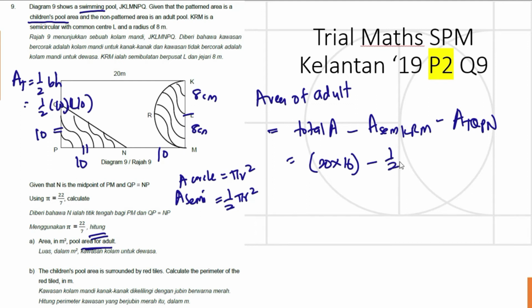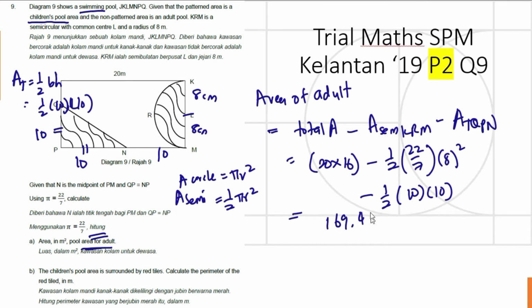Half pi is 22 over 7, r is 8, so 8 square, minus area of triangle, half times 10 times 10. So we get 169.43 centimeter square. So area is equal to 169.43 centimeter square.